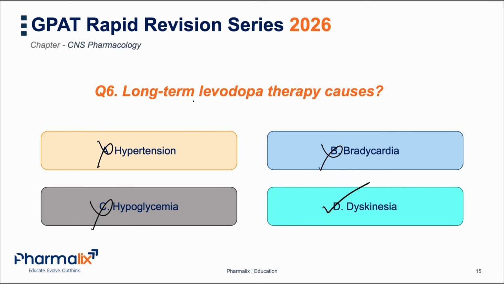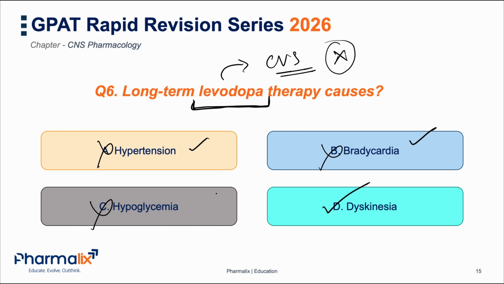There are a few things which you can categorize by seeing the kind of questions. Levodopa, where have you heard or read about levodopa? In cardiovascular? No. Those are hypertensive situations or drugs related to cardiology, whereas dyskinesia, the problem in movement, is involved with levodopa.